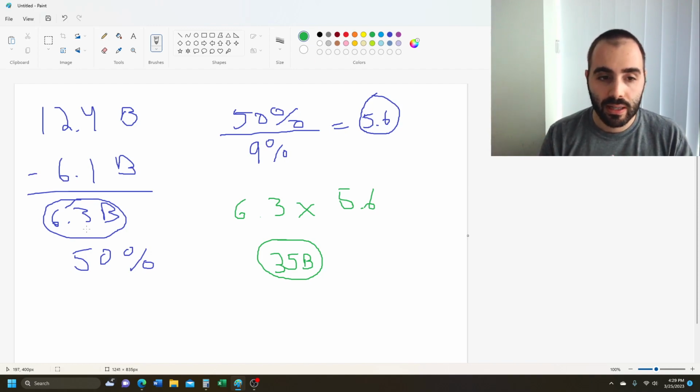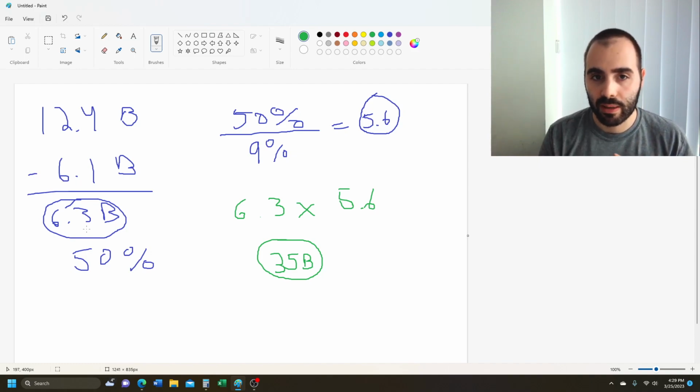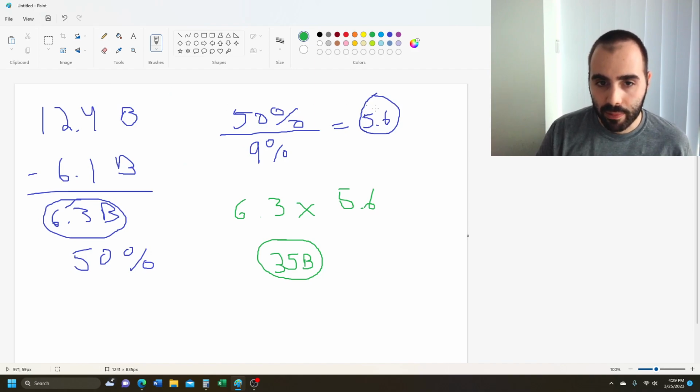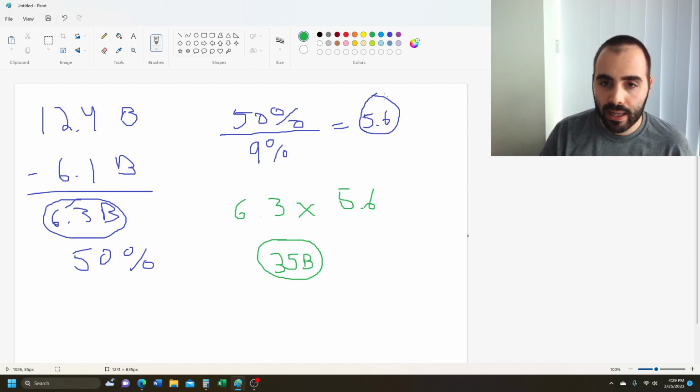That's a lot of money. They earn 50%, but their cost of capital is only 9%, meaning the rate of return needed to attract investors is 9%, so they earn 5.6 times above their cost of capital. We take the retained free cash flows and multiply them by our value creation factor. We get a value of 35 billion.